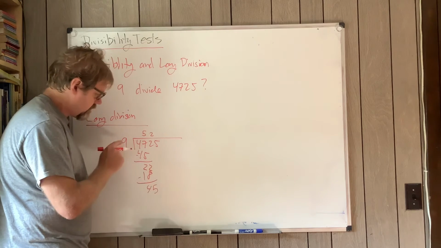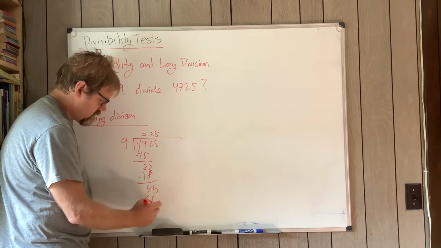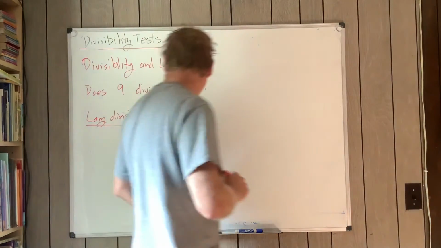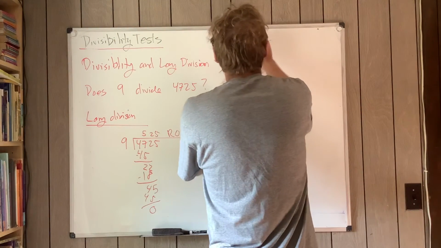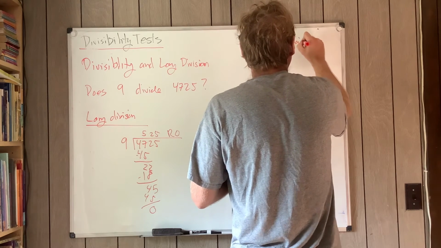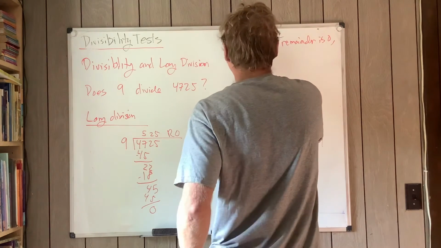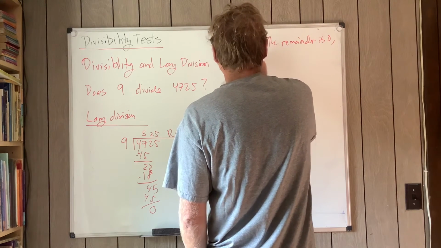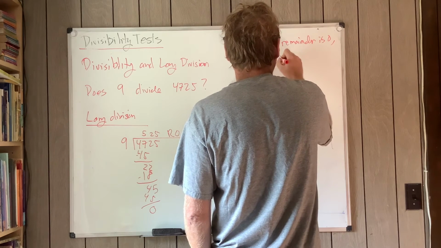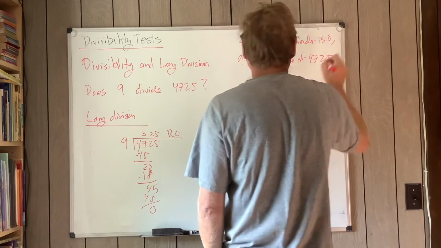Bring the 5 down. 9 goes into 45, 5 times, is 0. Right? So since the remainder is 0, 9 is a multiple of 4725.